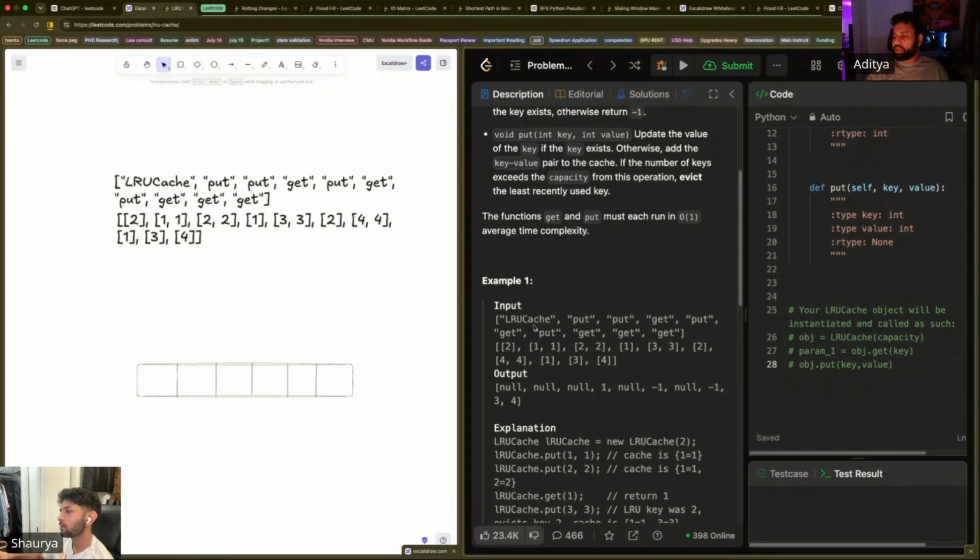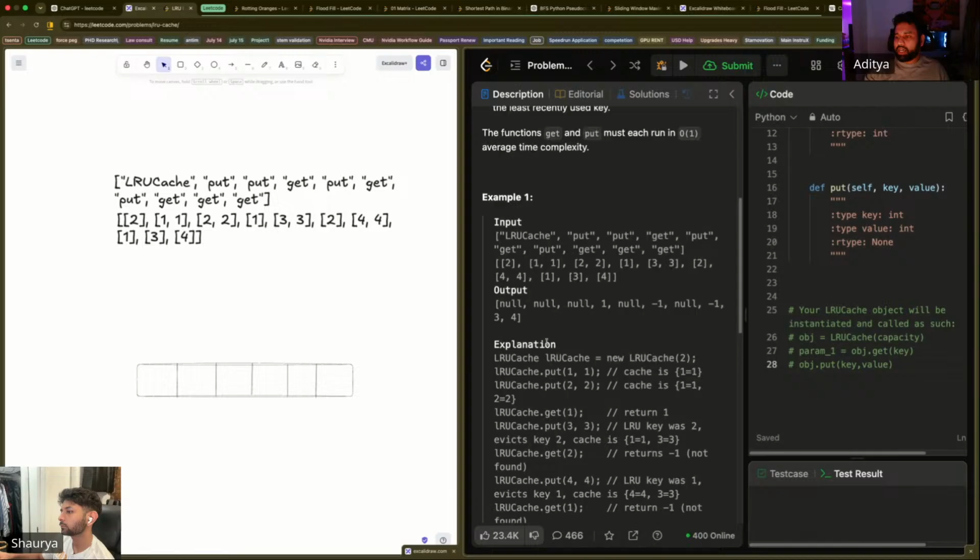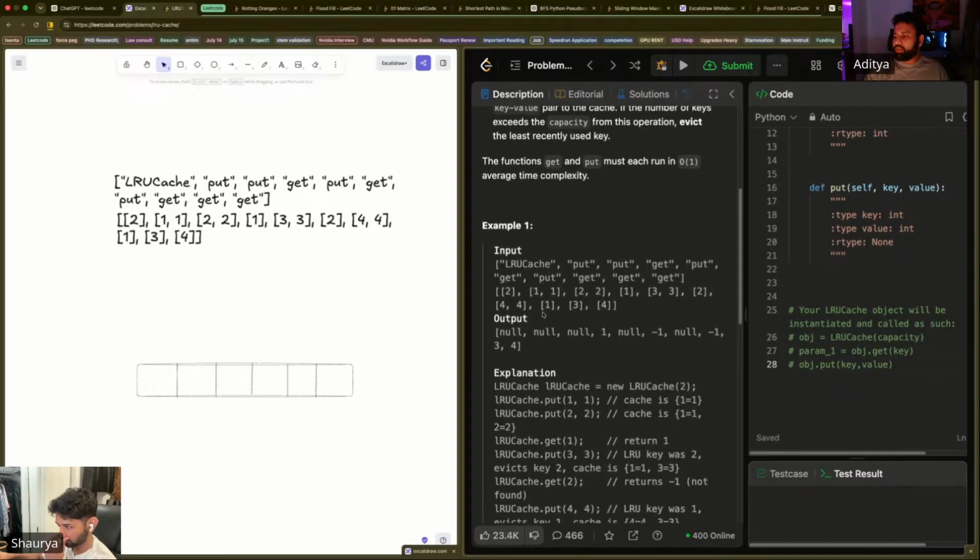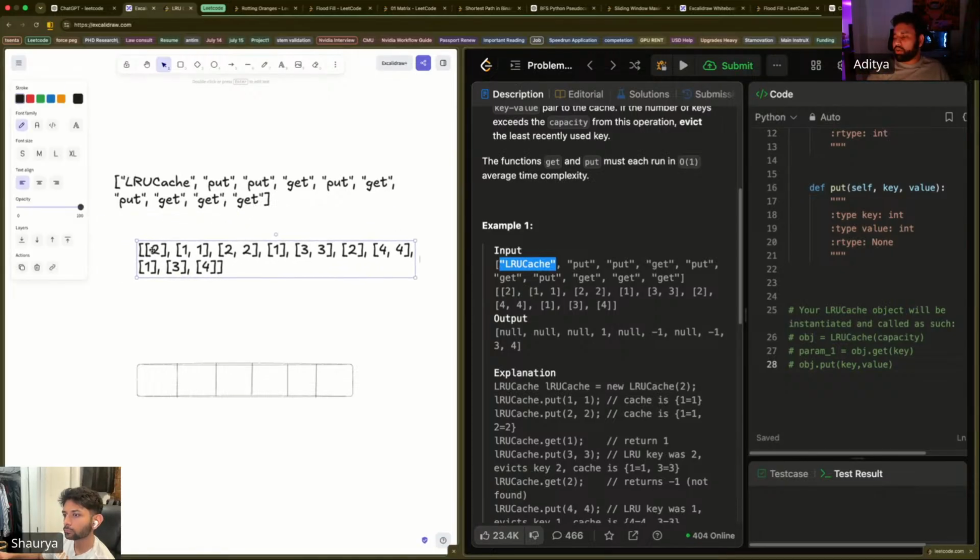the input in the first array says LRU cache. That means first we will initialize our LRU cache class. And then in that, we are going to pass two. That means the capacity of LRU cache will be two, right? So this is what we are trying to build.